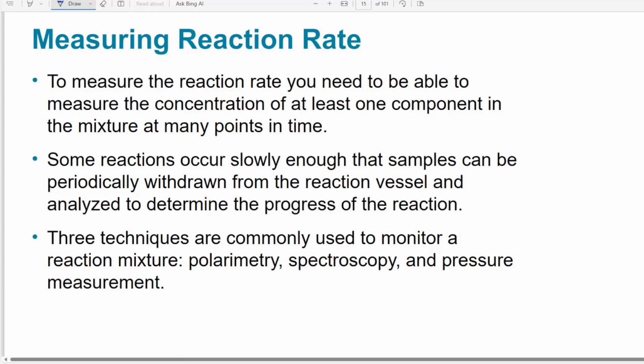There are three techniques that are commonly used to monitor the reaction mixture: polarimetry, spectroscopy or spectrometry, and pressure measurement.